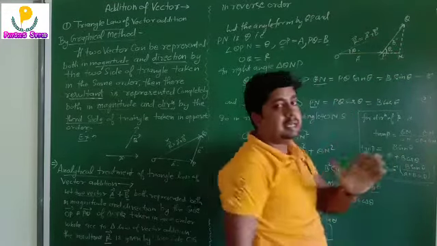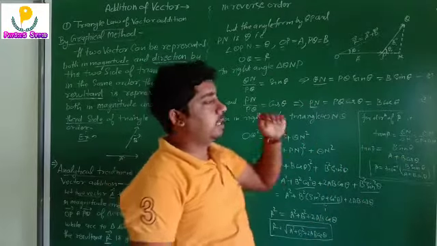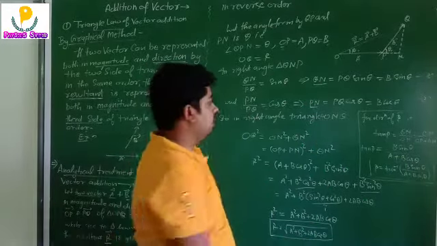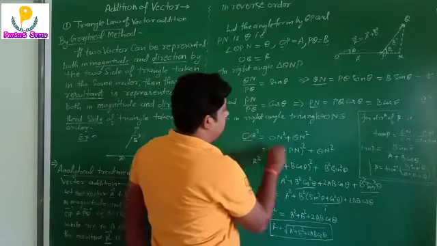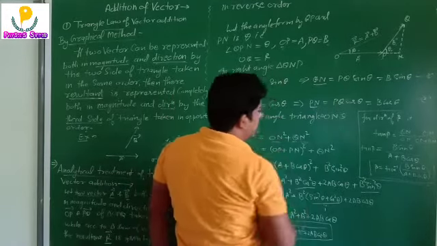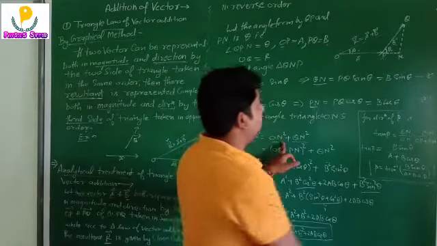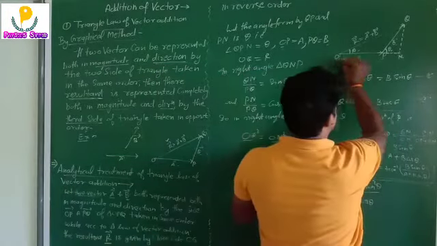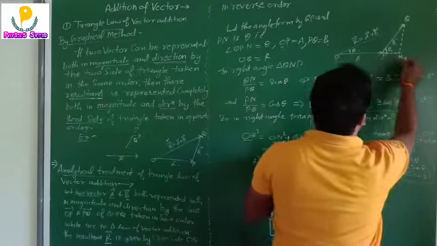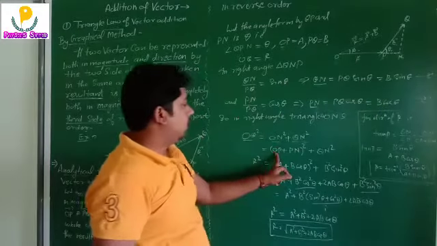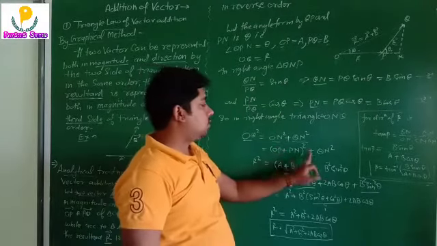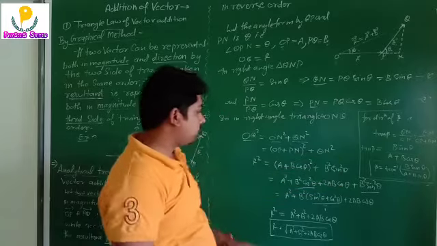So we can apply the Pythagoras theorem here to find the hypotenuse. In that case, OQ square is equal to ON square plus QN square. By putting the value of ON, where ON is the sum of OP and PN, we have written OP plus PN whole square plus QN whole square.